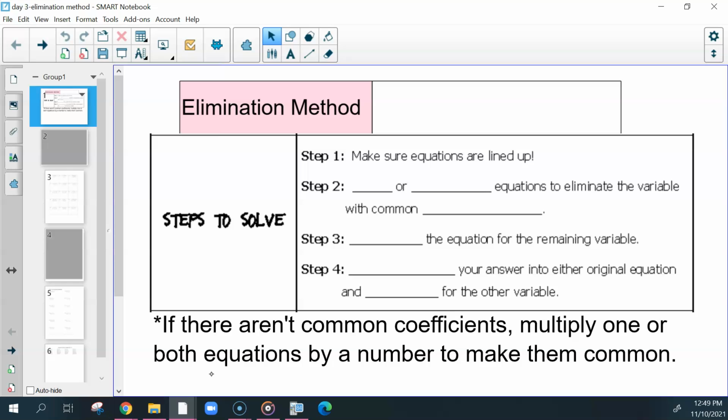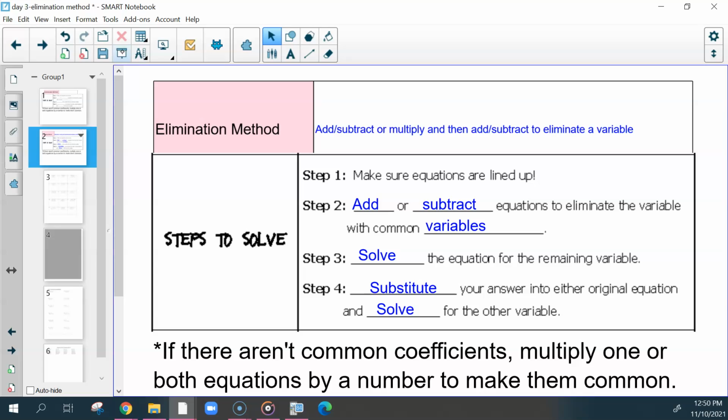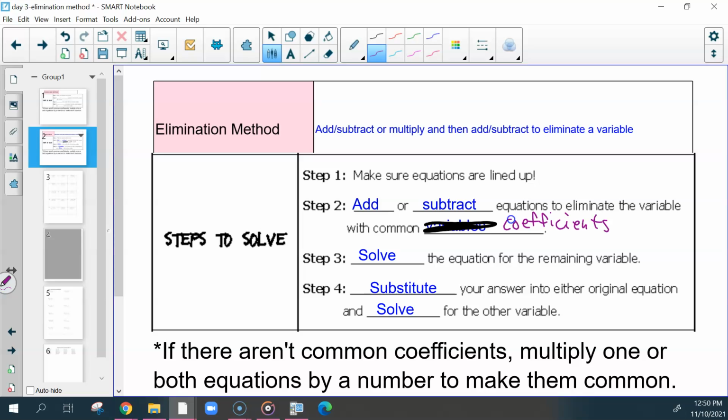I'm going to go ahead and make sure you have these. I'll read through this as you copy this down.